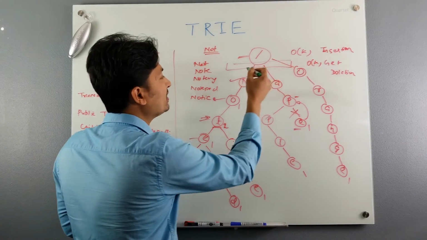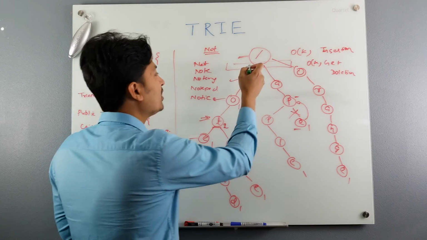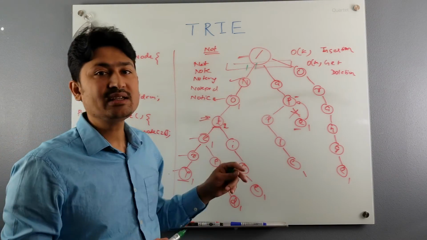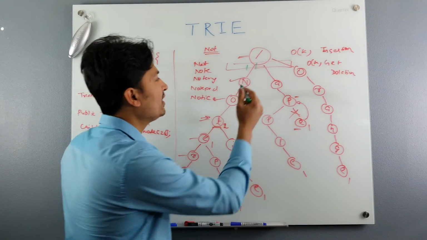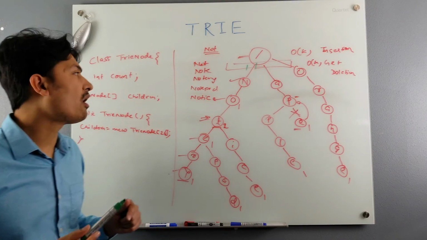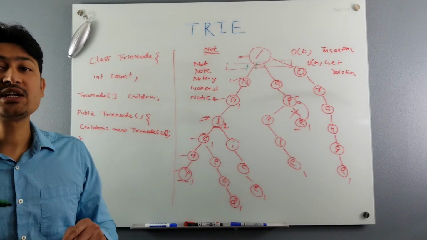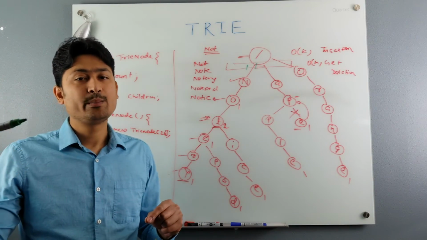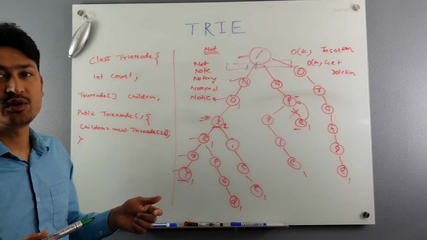Here, if you see in the array of the root node, if there is a child N, you will create the object for that index, which will determine whether that letter exists or not. Similarly, for A and O, you would have a not-null object. For an index, if you have a null object, it means it doesn't have that child. So that's a better optimization of how you define the structure of the trie node.